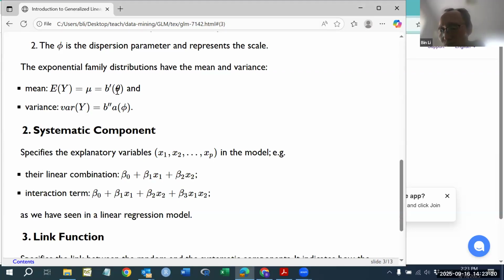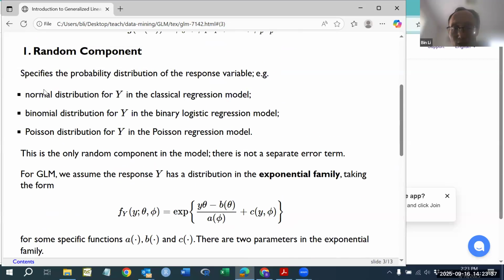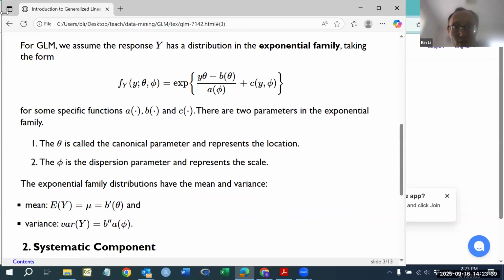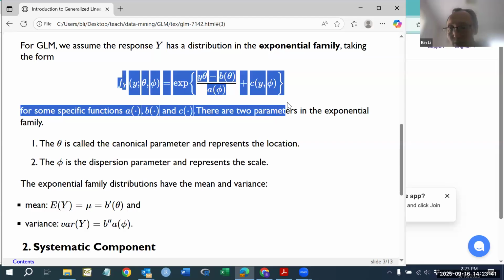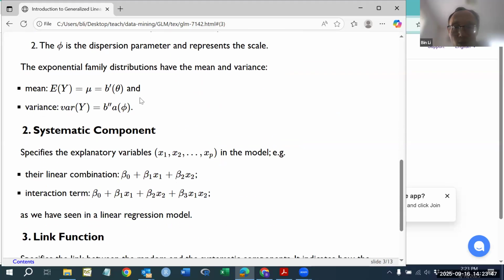You don't need to know the proof or these details, but this is the first order derivative of b, and this is the second order derivative of b times the a. It's a little bit complicated, but you just need to know that as long as we have this family, we can easily find the mean and the variance because the formula is there.